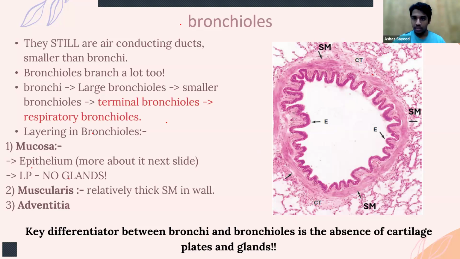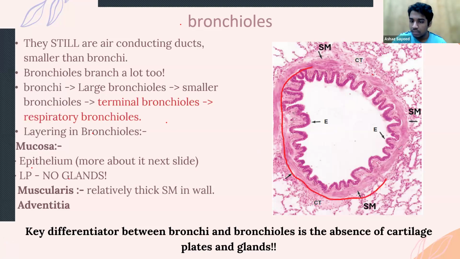You just have smooth muscle. See this? Smooth muscle makes a complete round. That's your mucosa; mucosa is everywhere. The lamina propria has no glands. The muscularis is a relatively thick smooth muscle wall, and then the adventitia.